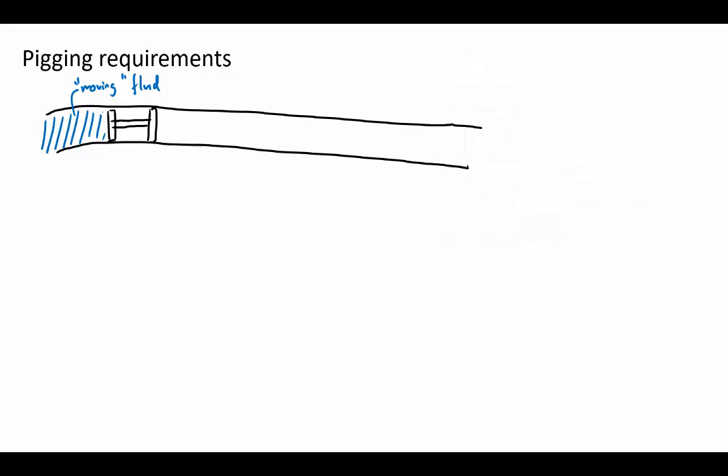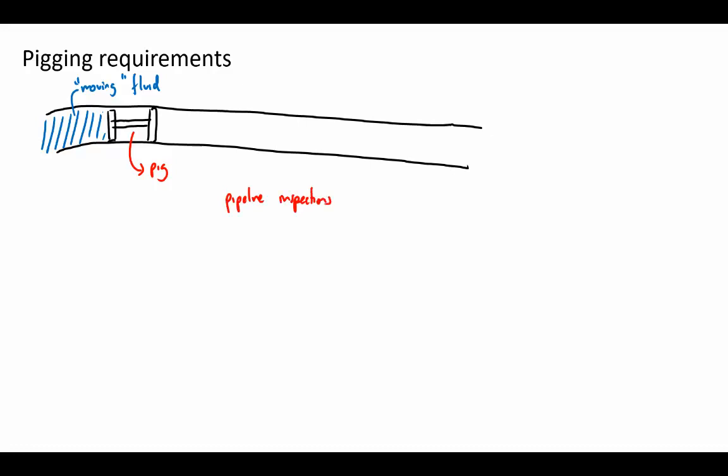For example, I might want to send this pig through the flow line for different purposes. I might, for example, want to make a pipeline inspection.